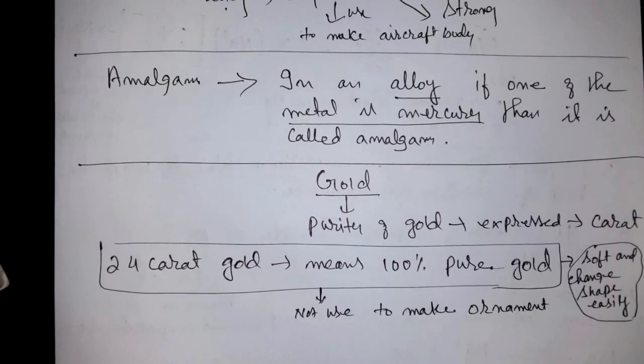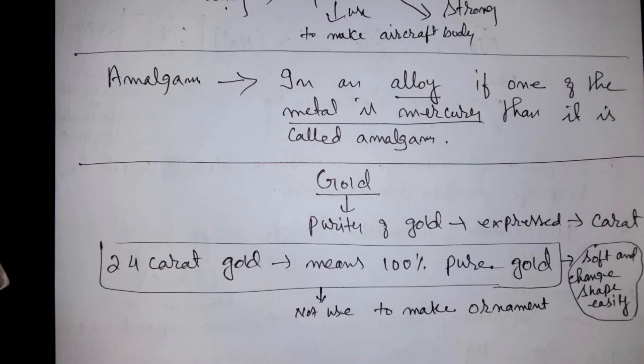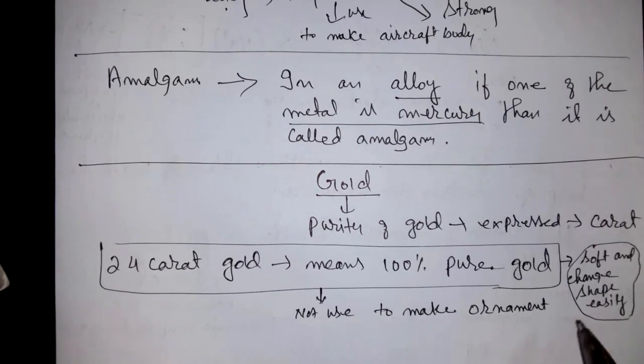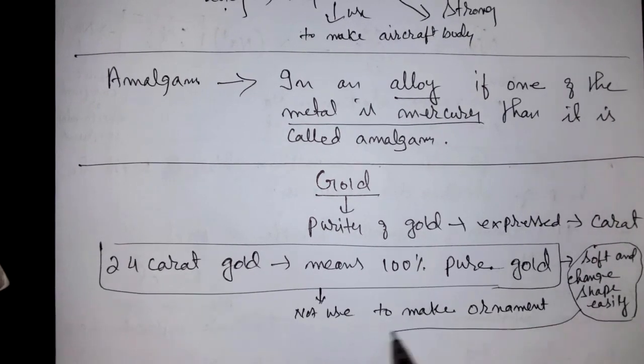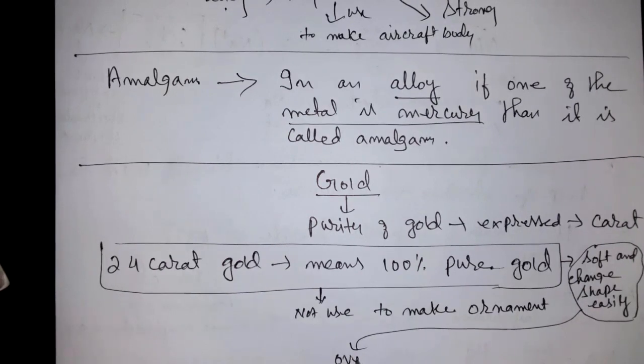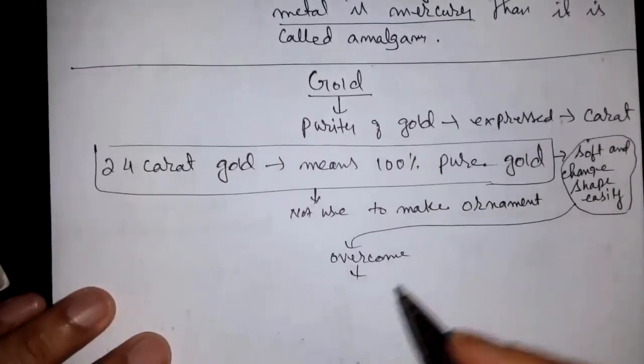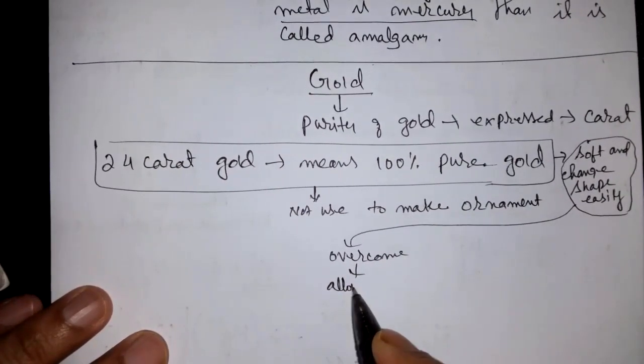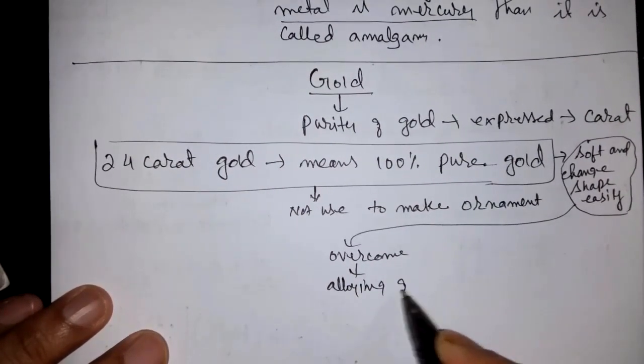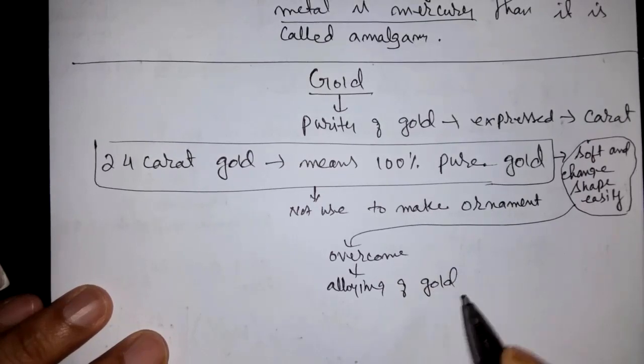Then to make ornament, what we have to do, we have to mix something into the gold. That means we have to mix some other metal into the gold. And how to mix? You melt everything and then mix it. Whenever you are mixing, that means you are doing alloying of gold. So to overcome this problem, we'll be doing alloying of gold.